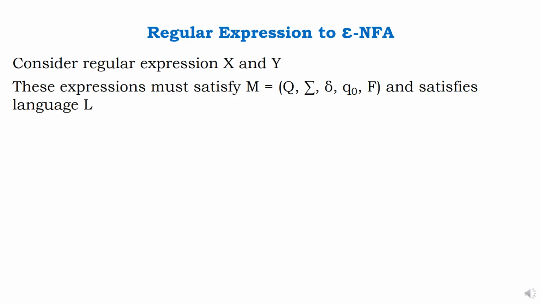A simple introduction now. Let us assume two different expressions x and y, and each expression has a language. We represent it as L of x, that is expression x and its language, and expression y and its language, which means two different languages with their own expressions. And definitely it should satisfy the machine equations Q, sigma, delta, q naught, F, which you know already.